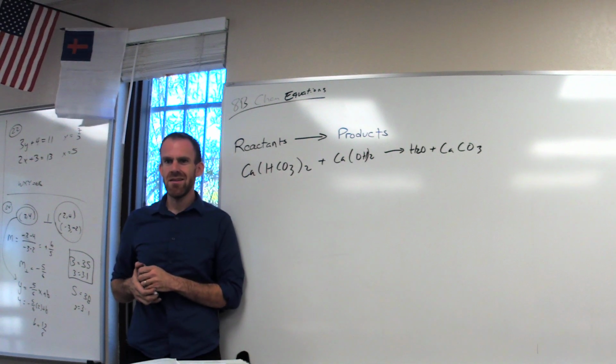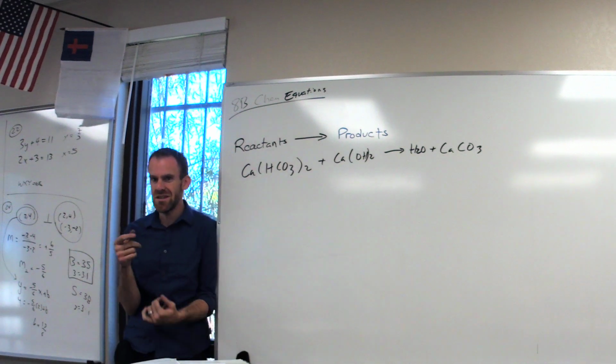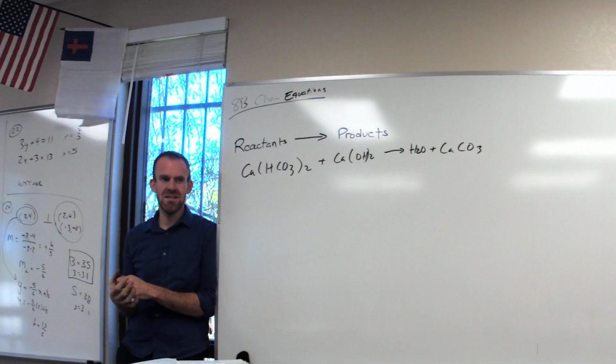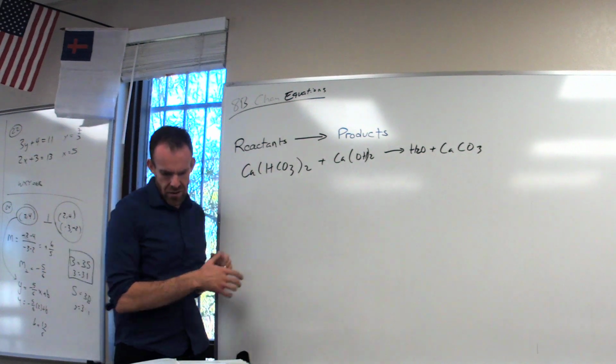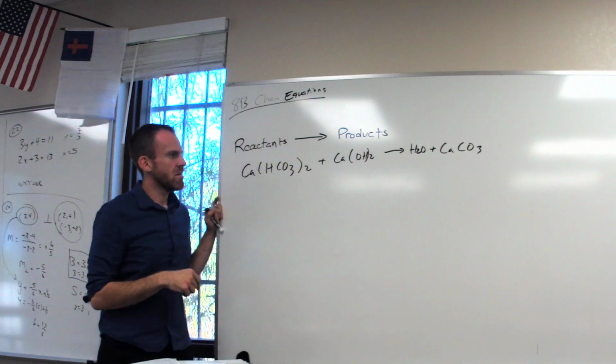C is what? Carbon. It has an oxygen attached to it, so it's either carbonate or carbonite. Which one is it? Carbonate. And so this is calcium hydrogen carbonate.